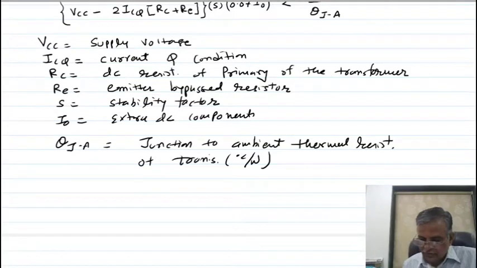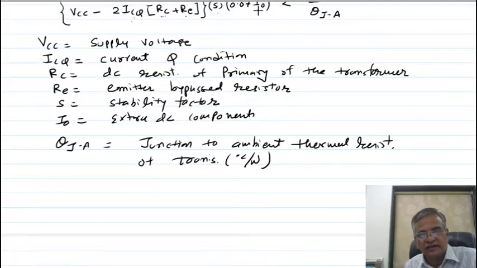This equation should be satisfied, where VCC is the supply voltage, this is your collector current at the Q point, RC is the DC resistance of the primary of the transformer, RE is the emitter bypass resistance, S is the stability factor, and I0 is the extra DC component.